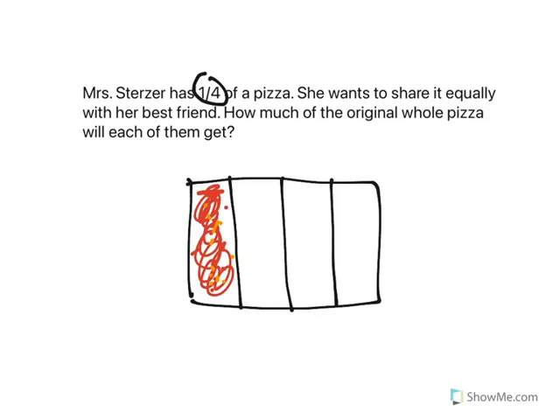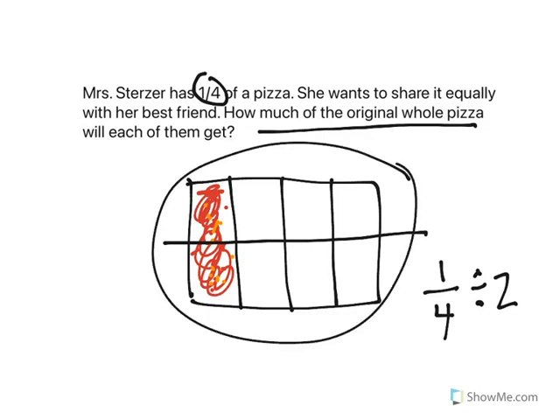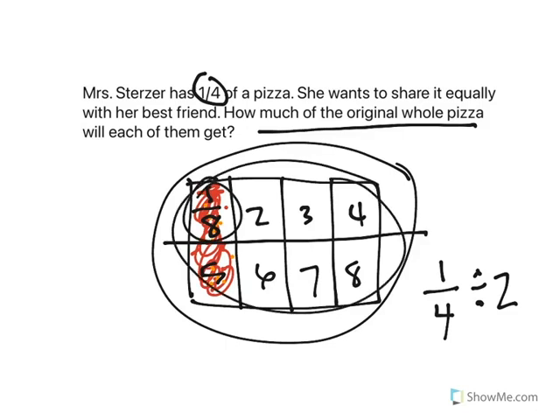That means that there's two of us, so I'm dividing it into two pieces. So we have 1/4 of a pizza, we're dividing it into two pieces. It's asking how much of the original whole pizza will each get. Well, this is the whole pizza, and we split it in two. So each one of us will get 1/8, because there's 1, 2, 3, 4, 5, 6, 7, 8. 1/8 of the whole pizza.